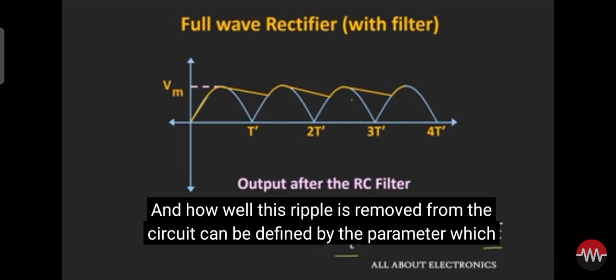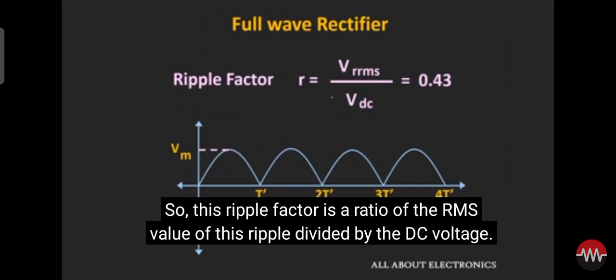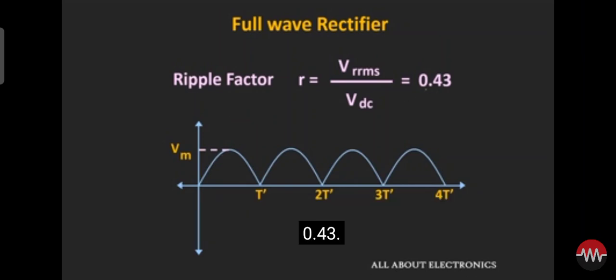How well this ripple is removed from the circuit can be defined by a parameter known as the ripple factor. This ripple factor is the ratio of the RMS value of the ripple to the DC voltage. For the full wave rectifier without any filtration, this ripple factor is equal to 0.43.